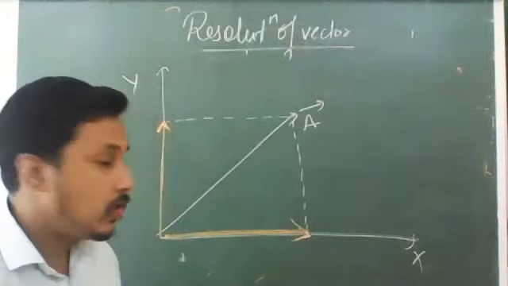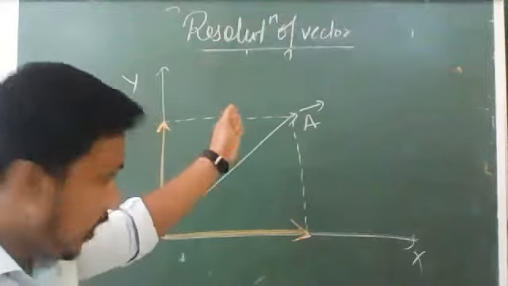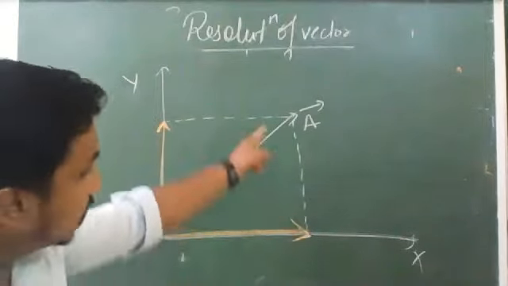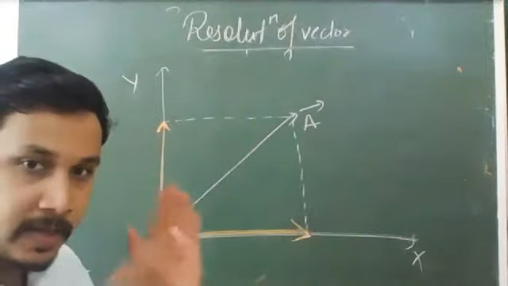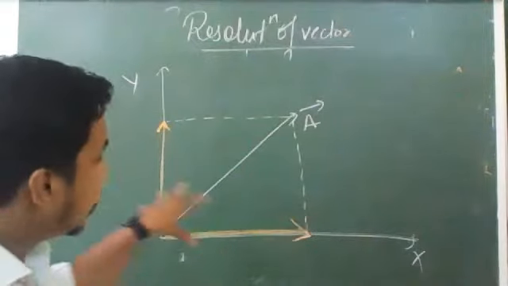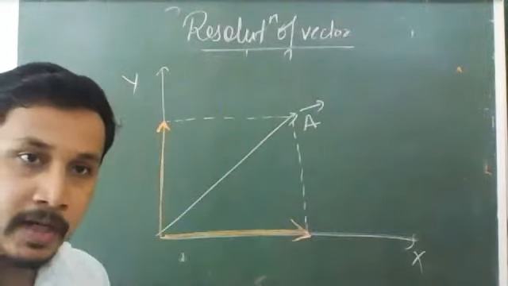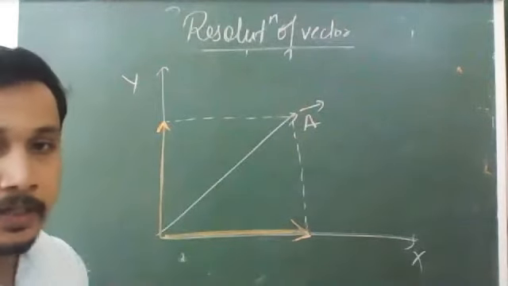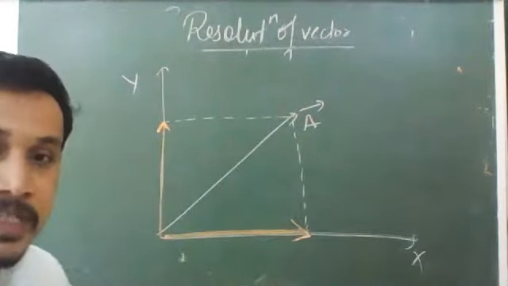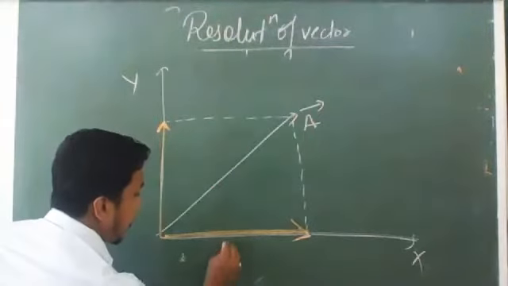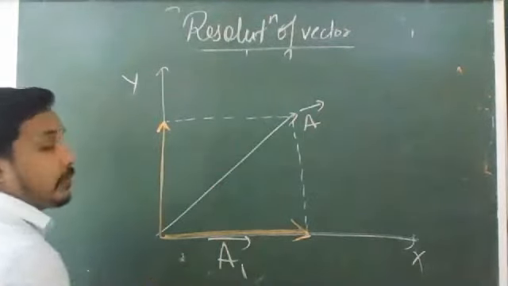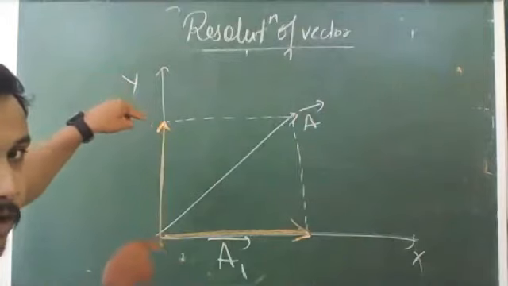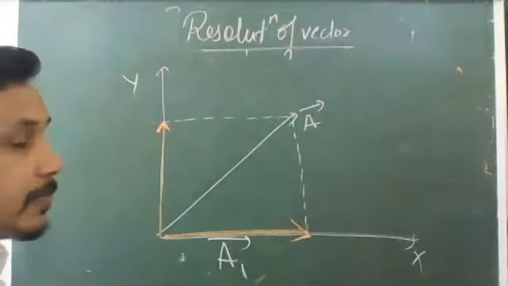When we draw a line on the x-axis, this line cuts some length of the x-axis. This length is nothing but the magnitude of one of the components of the vector. Let me name this magnitude A1, and the length along the y-axis will be represented by A2.